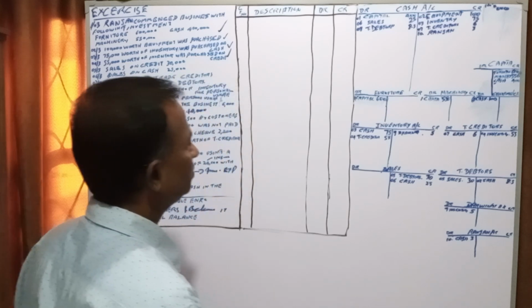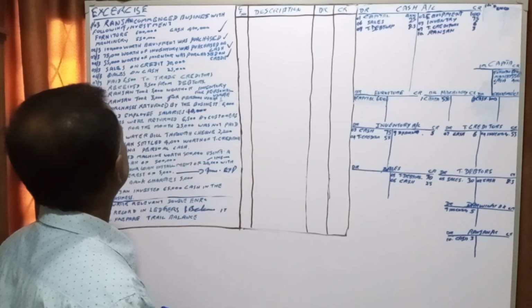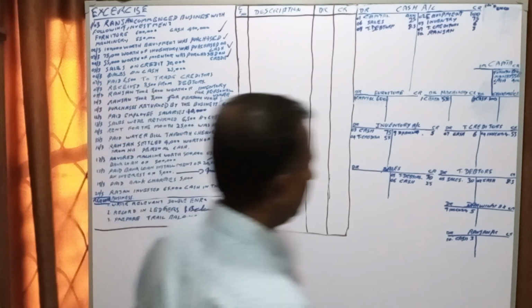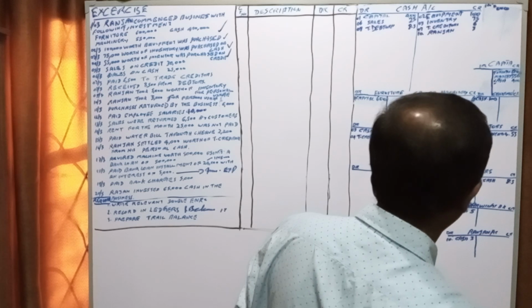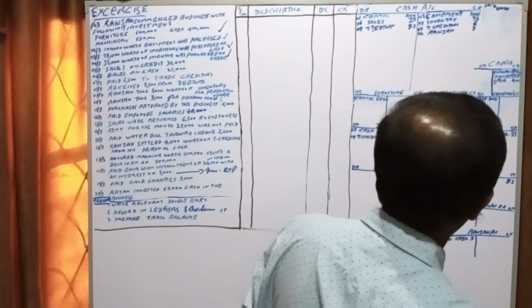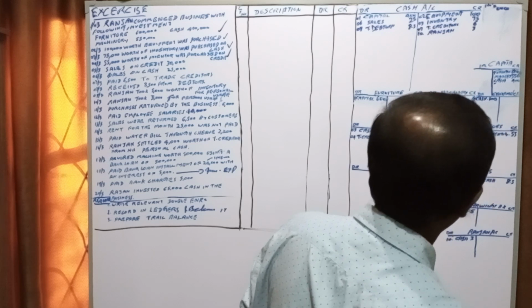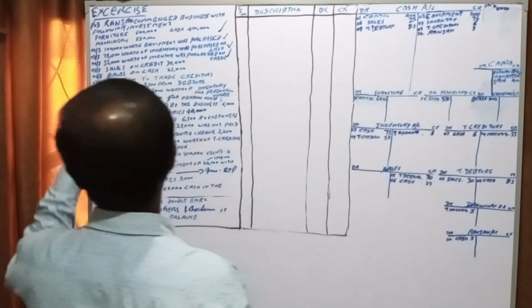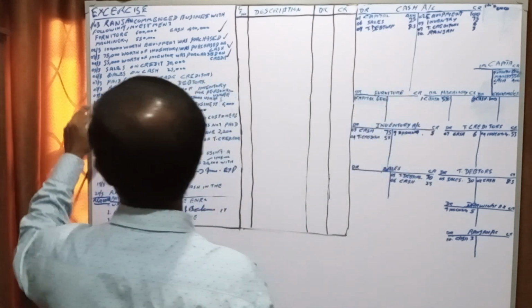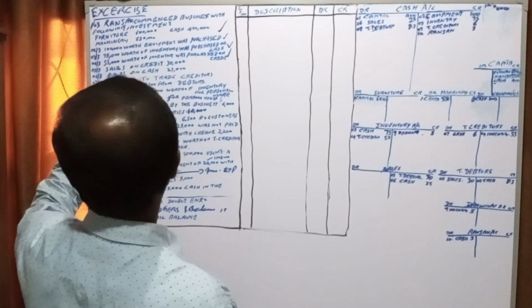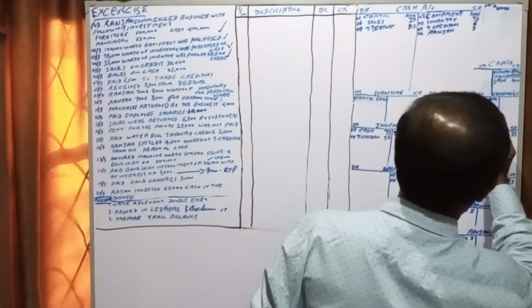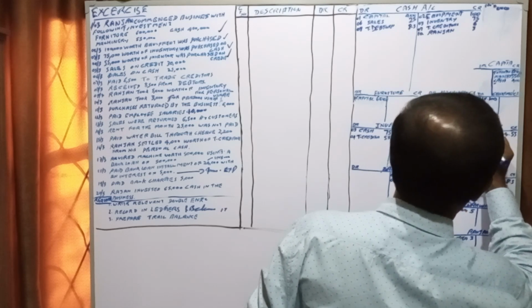Creditors account will be debited with 6,000.